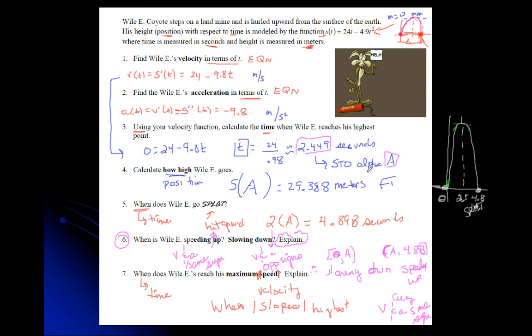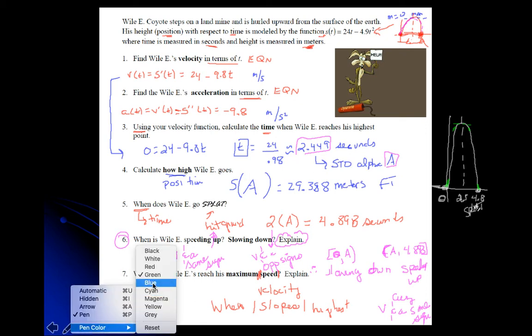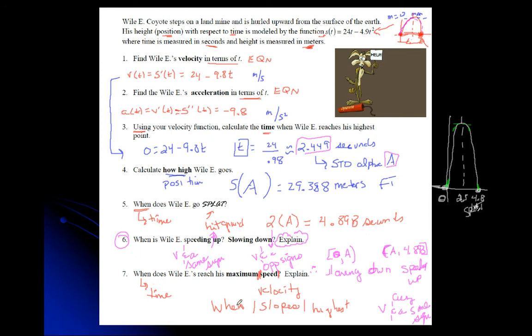And then where else? Right when he lands. So that's what they want you to say. When the absolute values of the slopes are highest is your explanation, and then your approximation is when it is: just after time equals 0 and just before time equals 4.898. And you don't have to say right before, they get that.